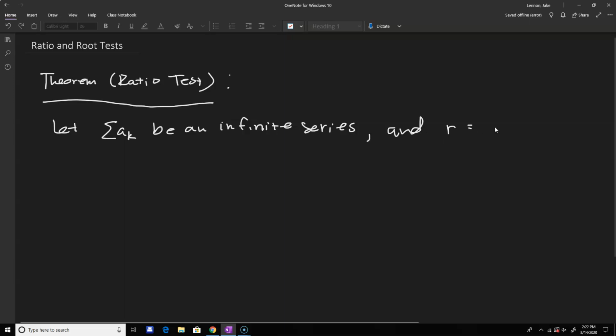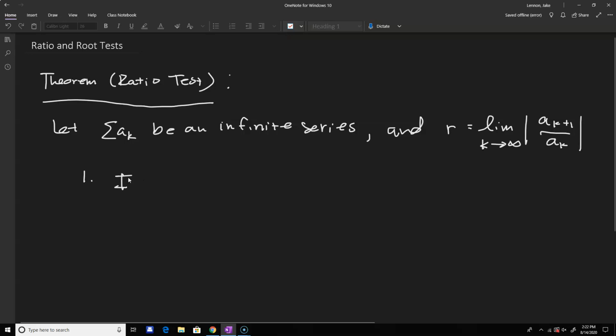So R is going to be the limit as k goes to infinity of the absolute value of the ratio of two consecutive terms, a_{k+1} over a_k. So basically what happens, this R is reminiscent of that geometric series, so that's why I was saying to think of that. And the conclusions are quite similar.